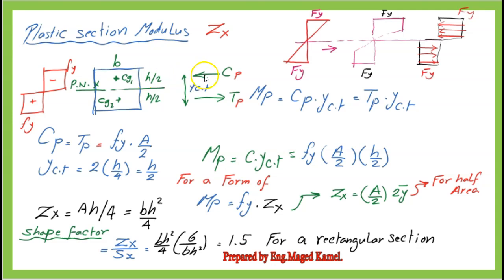This force at plastic stage, C sub b, equals F sub y multiplied by the area of a rectangle b h over 2. There will be a tension force T sub b equal to the compression force C sub b for the lower portion below the plastic neutral axis. C sub b equals T sub b equals F sub y multiplied by b h over 2.